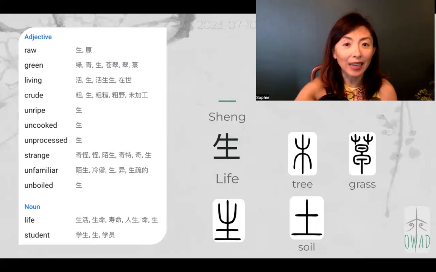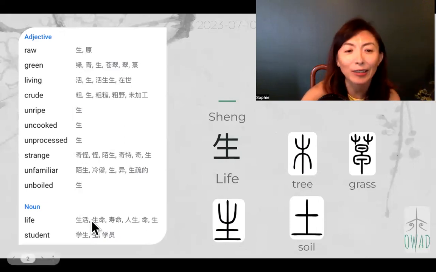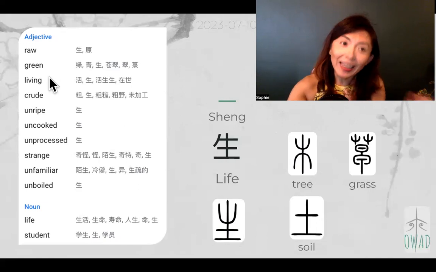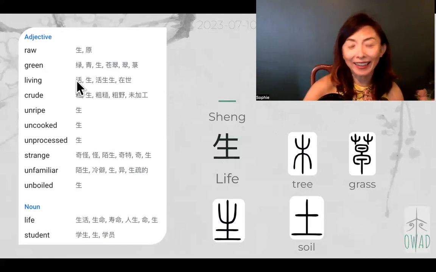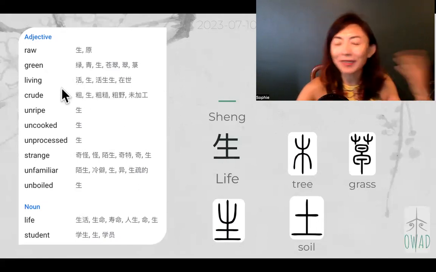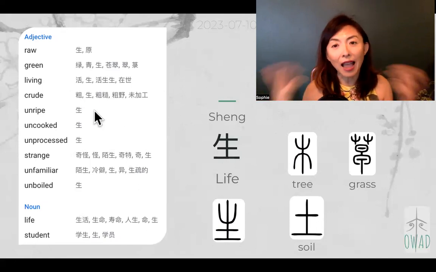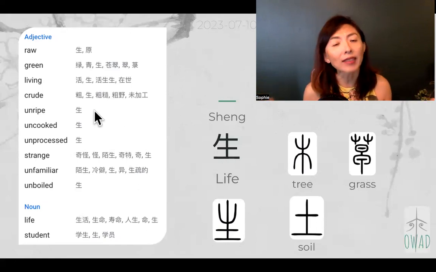And you can see in contemporary Chinese, this sheng can be translated into multitudes of meanings. It can mean raw, that means it's not cooked, right? And then it means green, that's the color of life. And it means living, yes, of course. And it means crude. Crude means it's unrefined, unprocessed, untouched, it's the original form, right?